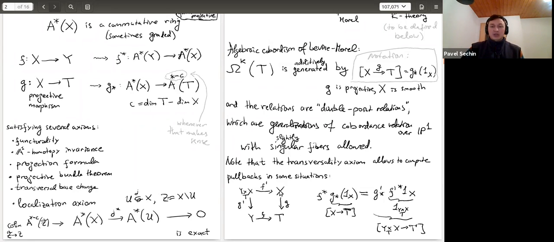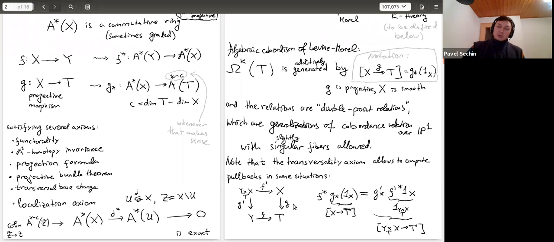So suppose we have a projective morphism from X to T, and a smooth morphism from Y to T. In this case, this transversal base change theorem, which doesn't work for all pullback squares, but only for nice ones like this, tells us that the push forward of an element from X to T and the pullback to Y is the same as the pullback to the fiber square Y times X over T, and the push forward to Y, right?